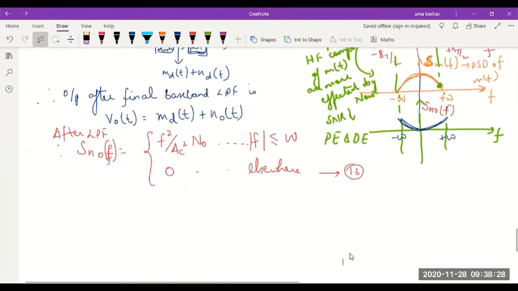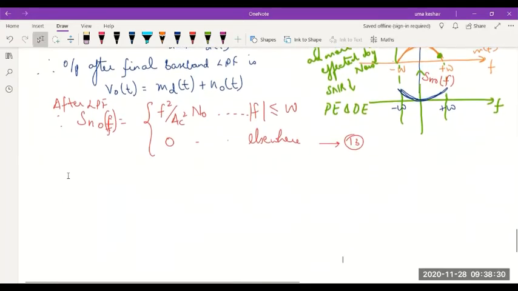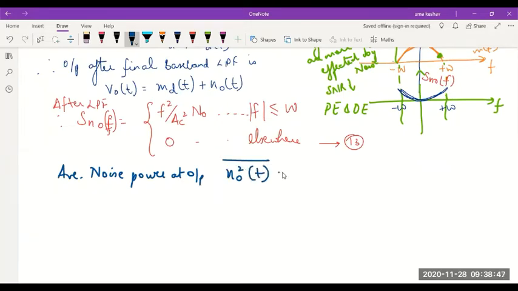Therefore, with this knowledge, the last step, let us try to find average noise power at output. Let me say N naught square of t, average noise power. How do I find out? It is area under the power spectral density curve in the given limit.